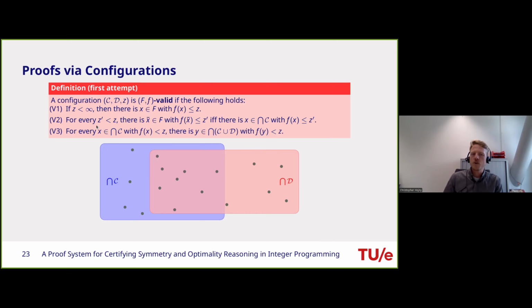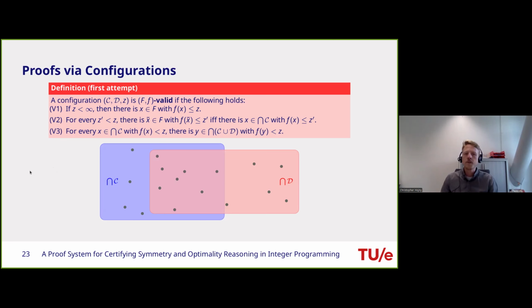If I'm considering improving objective values, the second property says that I can find a vector x bar in the feasible set F with an objective value that is not worse than z prime, if and only if there is also a vector x that satisfies all the core constraints with an objective value that is not worse than z prime. So I have a translation, so to say, of the objective bounds from the problem that I actually want to solve and the constraints that are encoded in the core constraints.